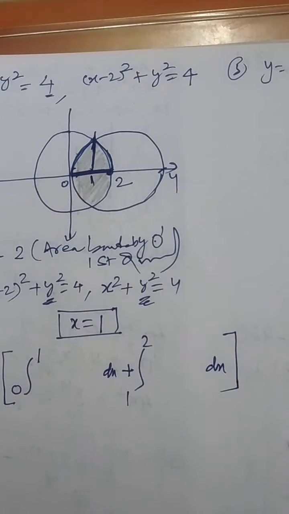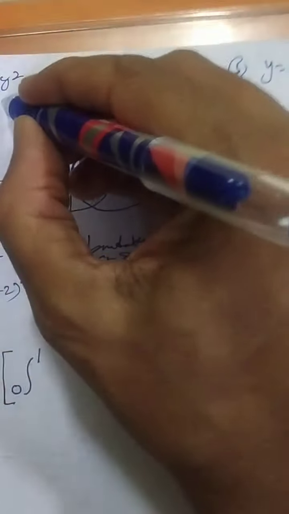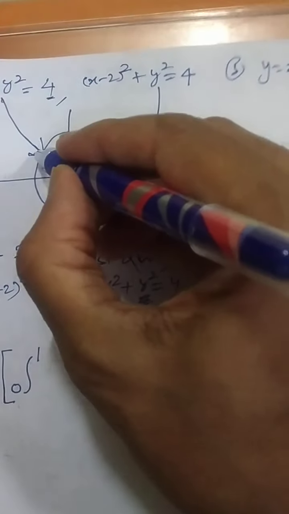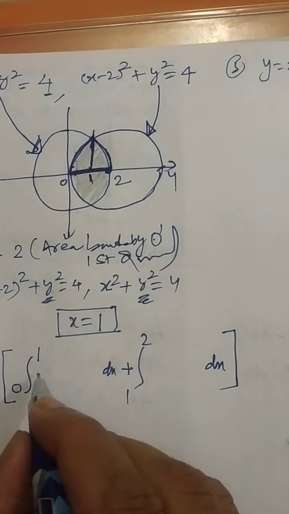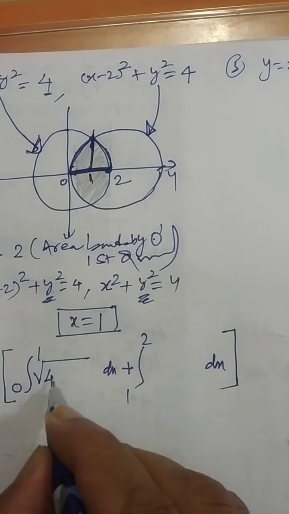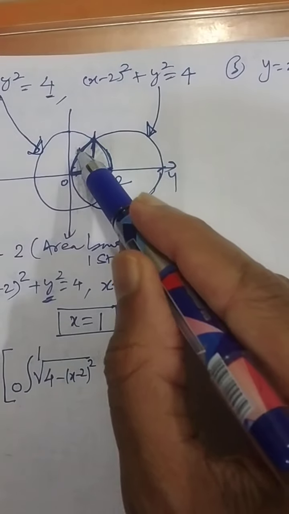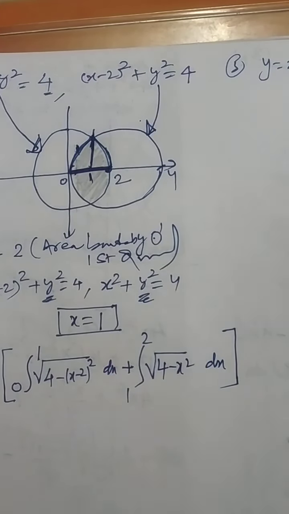Now I am asking you, from 0 to 1, which equation should I consider, the first one or the second one? From 0 to 1, the second one, which is the square root of 4 minus (x minus 2) the whole square. This is part of this circle. And over here, it will be 4 minus x square.